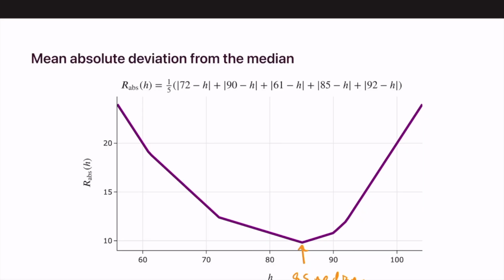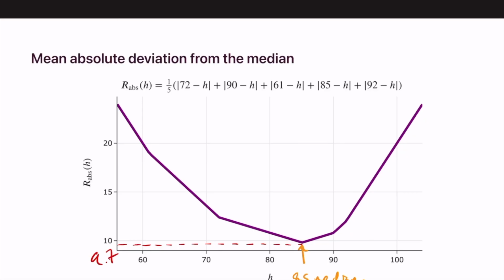So that's the median. But what's going on over here? Well, that's going to be the mean absolute deviation from the median. This is just below 10, so maybe 9.7 or something.